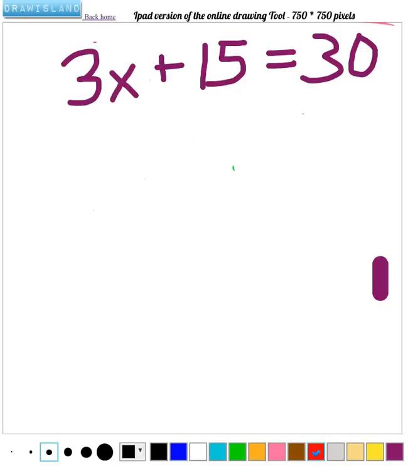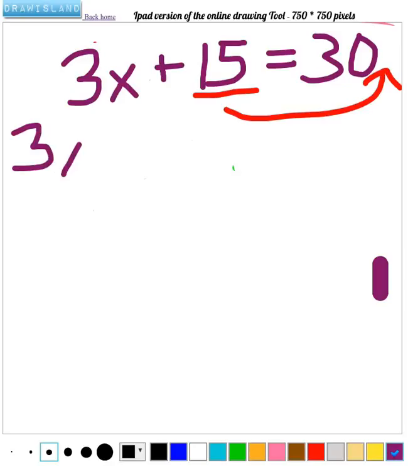We're going to move this 15 to this side of the equal sign, right here. So that makes it 3x, there's no plus actually, it's an equal sign there, so I'm very sorry.